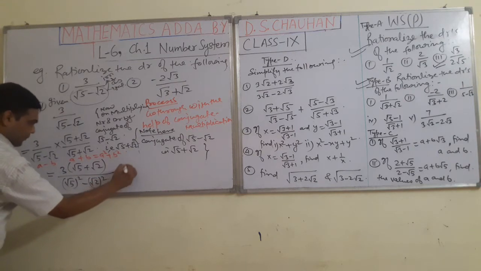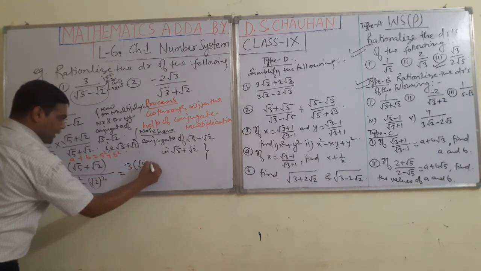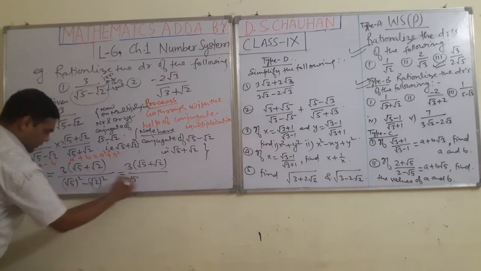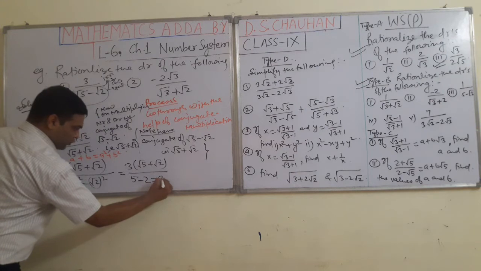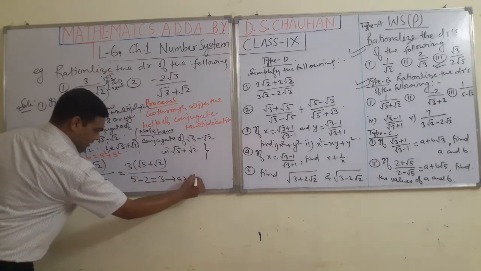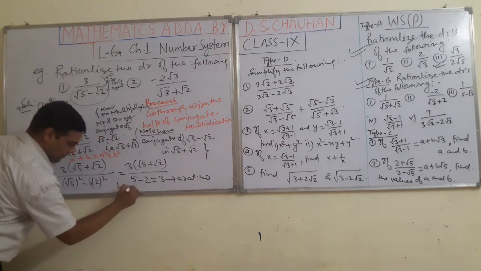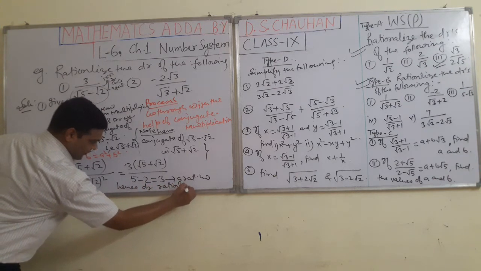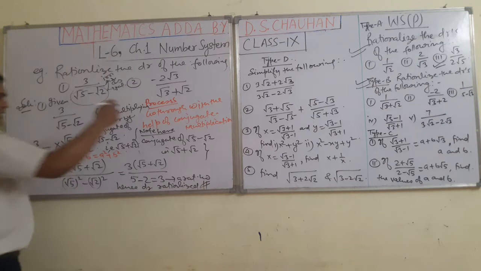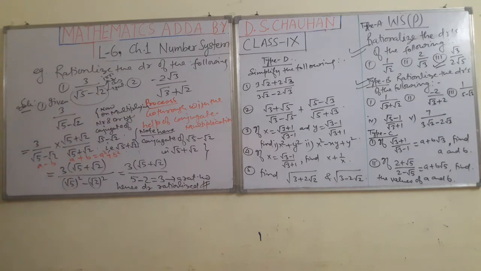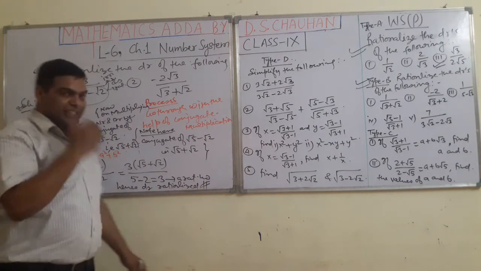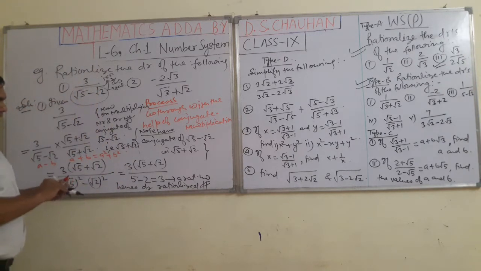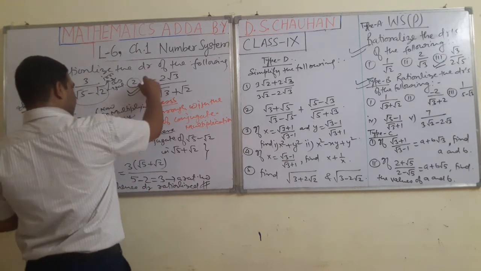What will you get here? 3 times root 5 plus root 2 upon root 5 square, it is 5, root 2 square, it is 2, 5 minus 2, it is 3, a rational number, hence denominator rationalized. This is now complete. I hope students, all of you are getting this point easily. Is it clear, student? Well, in the same way, students, we will solve this question also.